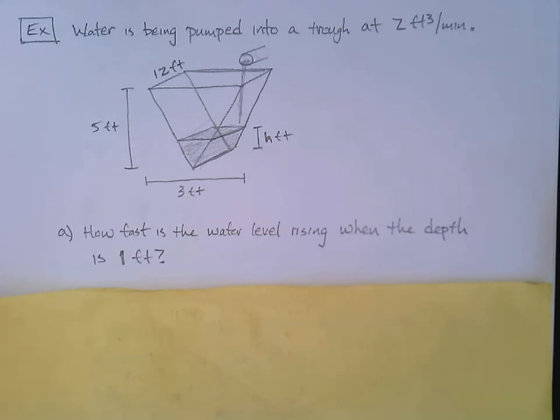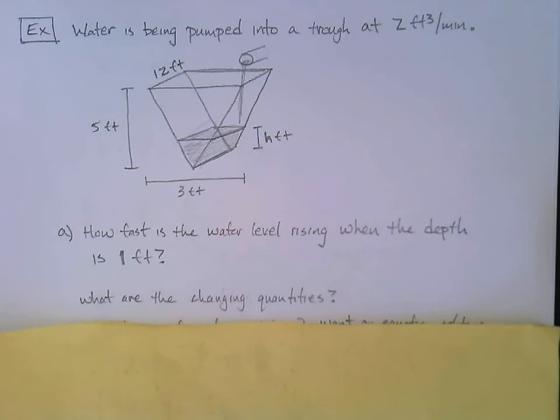Okay, here's what we need to do. We need to identify what the changing quantities are. And there's two quantities that are changing. Okay, what are the changing quantities? That's not even jumping off the page here, and sometimes students miss it. Or when I ask that question in the classroom, it takes a moment.